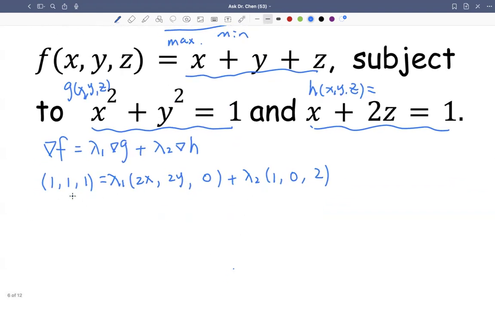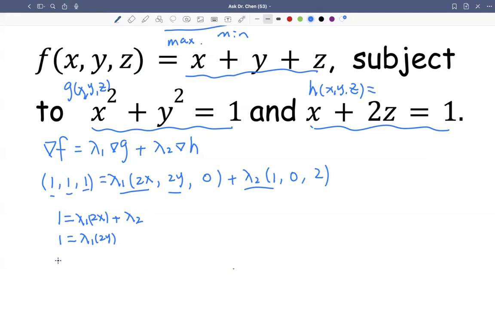So we have this vector equal to the addition of two other vectors multiplied by scalars. We can rewrite this as a system of equations. The first component, 1, equals number 1 times 2x plus number 2 times 1, which is number 2. Then the second component, 1, equals number 1 times 2y plus number 2 times 0; we can just ignore the 0.